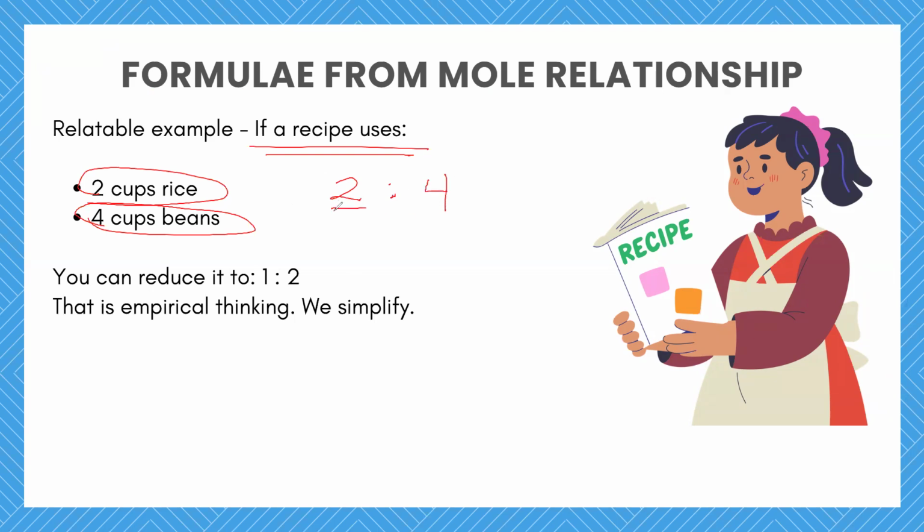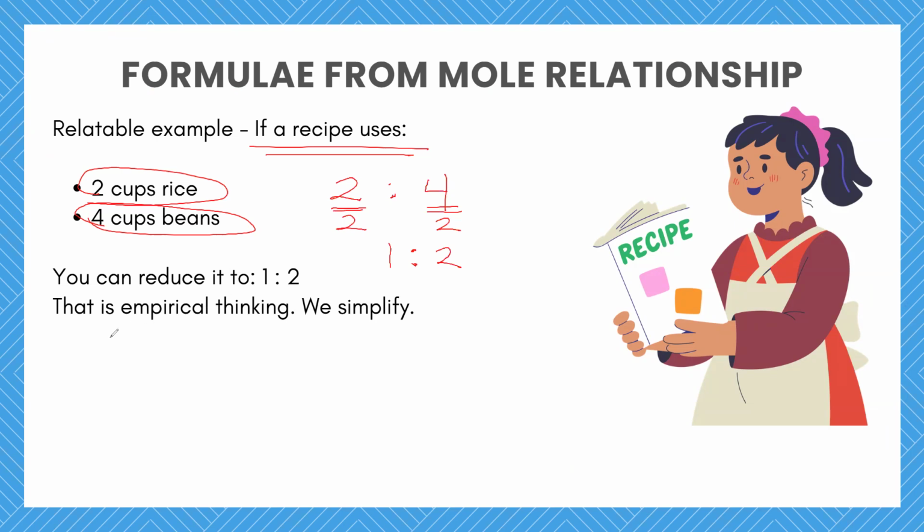Now, if you look at these two numbers, there is something that is common amongst both of them. Both of them can be divided by the number 2. When we divide these two numbers by the number 2, we end up simplifying the ratio to become 1:2. That is the simplest ratio of the amount of rice that was used against the amount of beans that was used. Now we've reduced it to its lowest term.